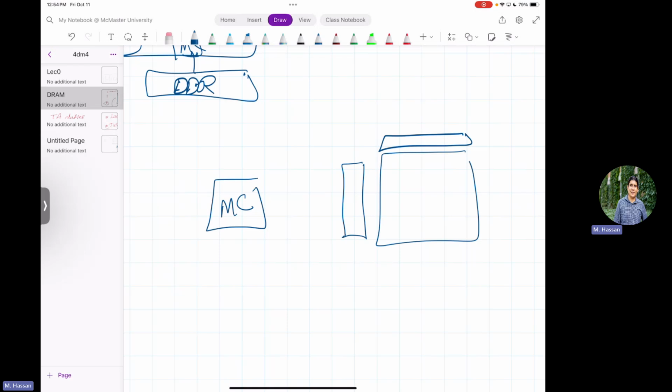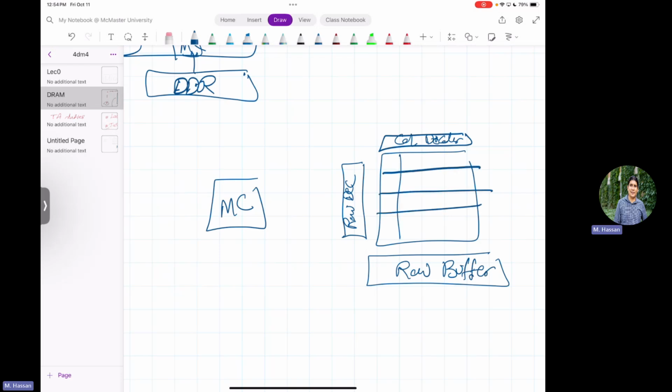These are your rows, and we call this our row decoder, and we call this the column decoder. And then we have something here that we call the row buffer in every bank. These are your cells.